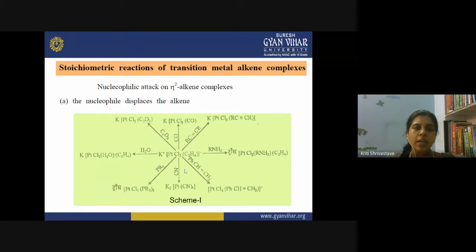All these reagents are nucleophilic in nature. They are stronger nucleophiles as compared to the alkene molecule. Now you can see here, when the carbonyl attacks, this carbonyl will replace the alkene, and one carbonyl is inserted in place of this alkene. Similarly, when the substituted alkene RC double bond CR attacks, this will again displace the alkene inside, and it gets attached over the platinum ion.